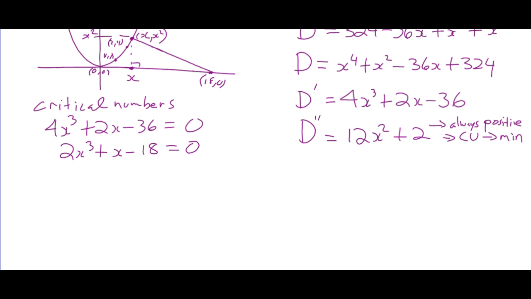So we know that x minus 2 is a factor, x equals 2 is a 0. So we divide. What do we got? 2, 0, 1, negative 18. That just comes down, right?